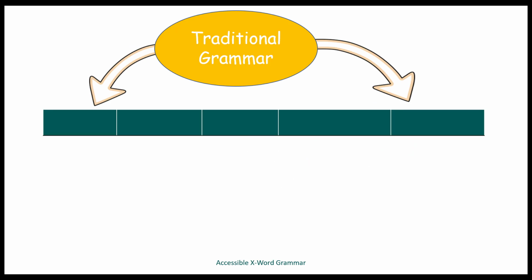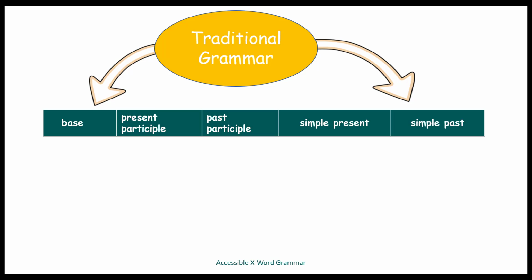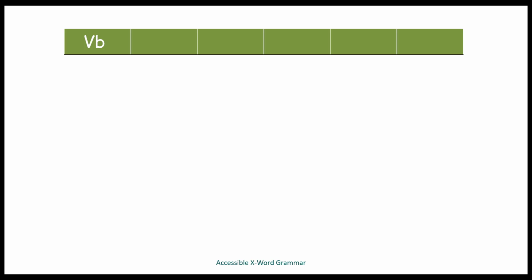In traditional grammar, these forms are called the base form, the present participle, the past participle, simple present, and simple past. We call them the base form, or VB, the ing form, DTN, VXO, VXS, and VXD.